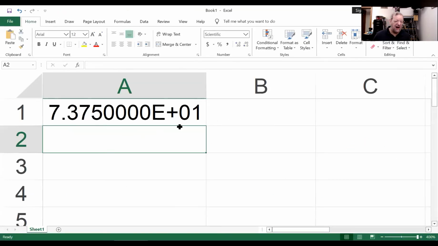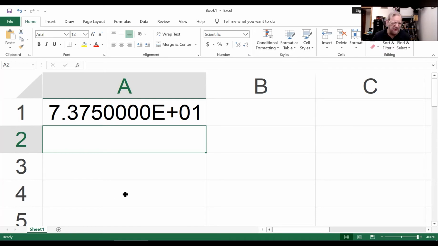And how do I round this off? Keep the 7, keep the 3, keep this 7, keep this 5, use the 0 to round off, and it's 4 or less, so I drop all that, and that would be 7.375 times 10 to the 1 power.